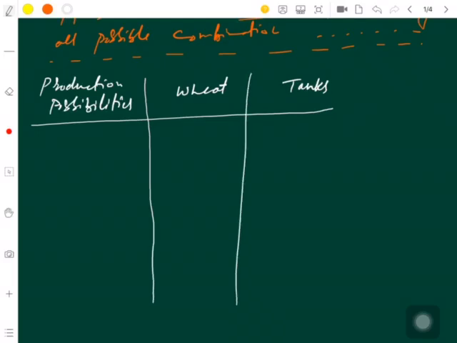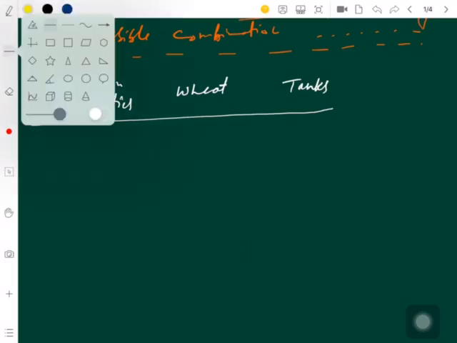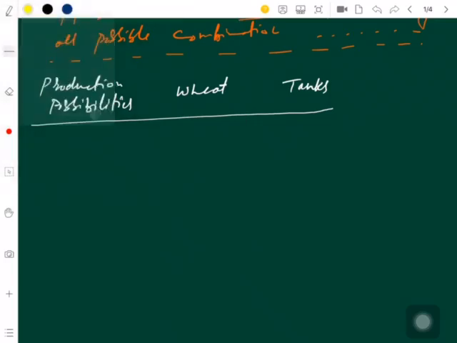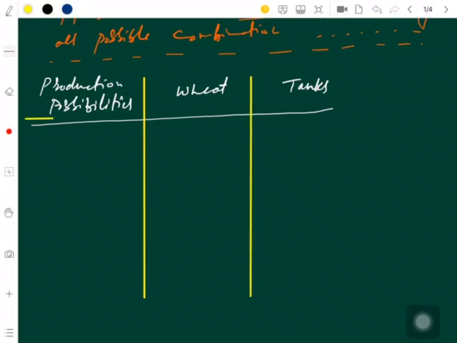So students, as you can see, I have divided this table into three parts. First is production possibilities, and the other two are the two goods which we are talking about.